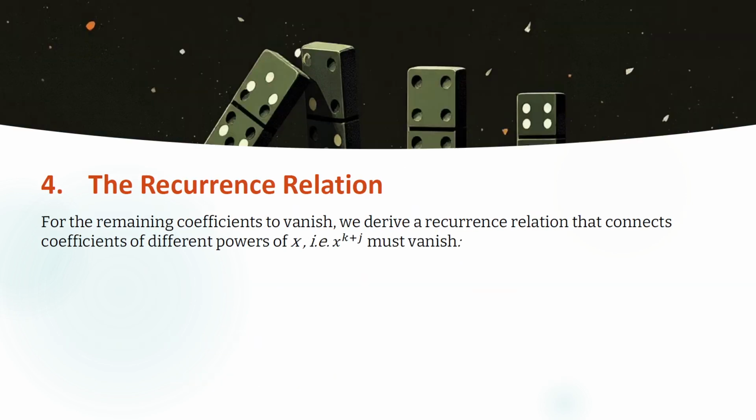Now, the next step is to find the recurrence relation. For the remaining coefficients of the summation to vanish, we derive a recurrence relation that connects coefficients of different powers of x. That is, instead of k plus lambda, we introduce x to the k plus j, and this must vanish.